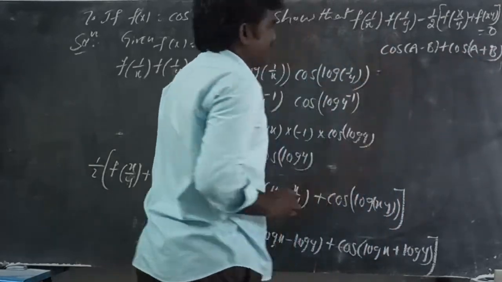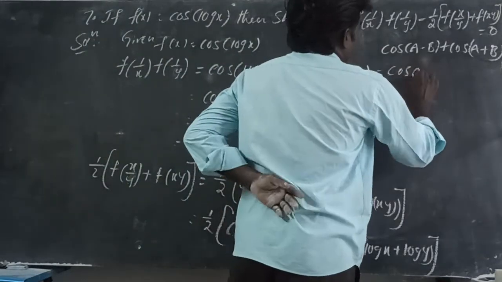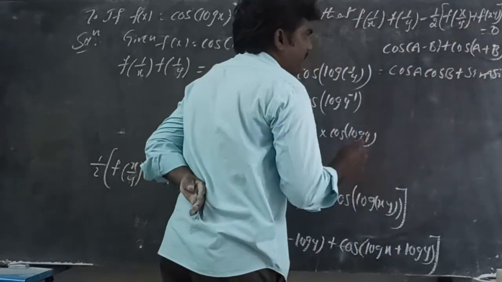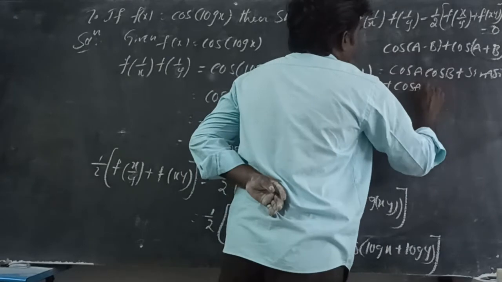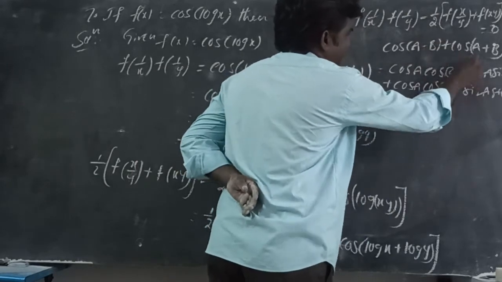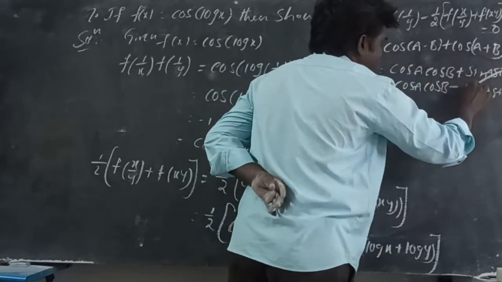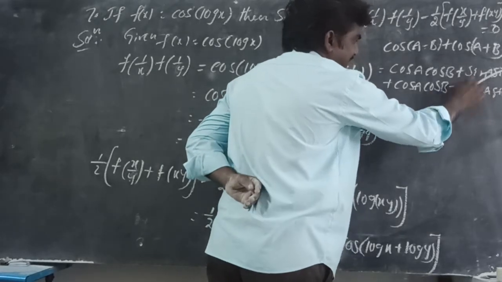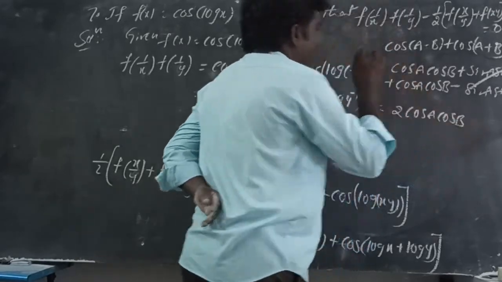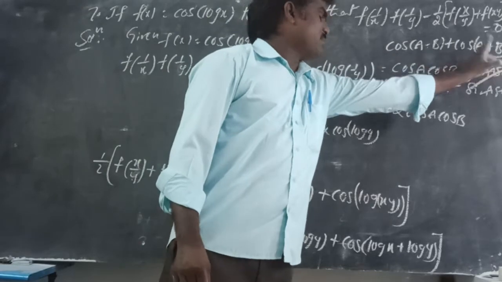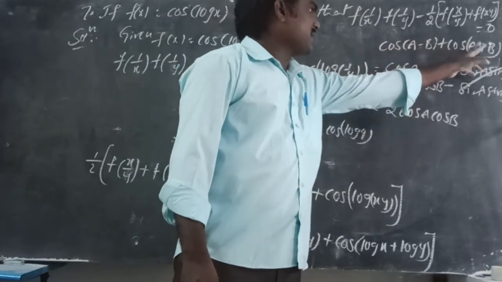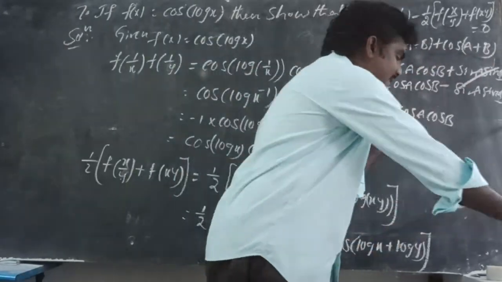What is the formula for cos(A − B)? cos A cos B + sin A sin B. And cos(A + B)? cos A cos B − sin A sin B. Adding them, the sin A sin B terms cancel, and cos A cos B plus cos A cos B gives 2 cos A cos B. So cos(A − B) + cos(A + B) = 2 cos A cos B.